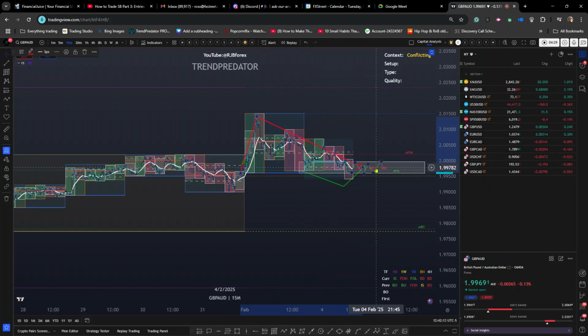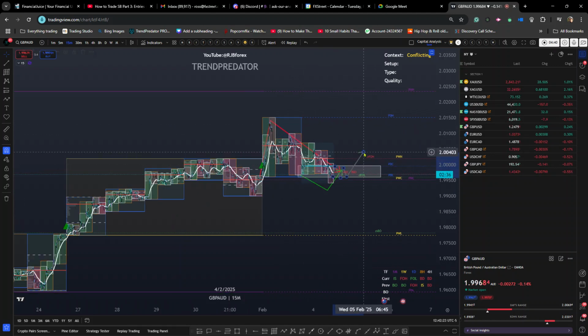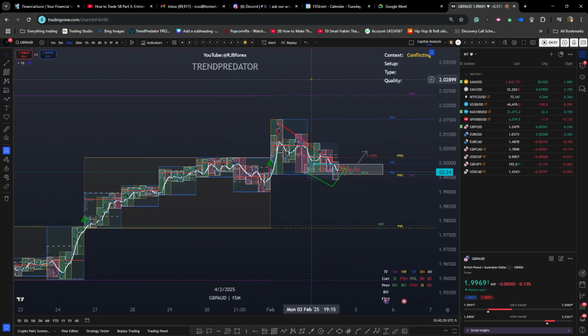It's just going sideways, and it can go on like that until it doesn't. Eventually, this coil will break out one way or the other, and that is when you want to be looking at trading the market, when you actually have momentum and a trend in place. At the moment, there is no trend, there is no momentum, so that's that.